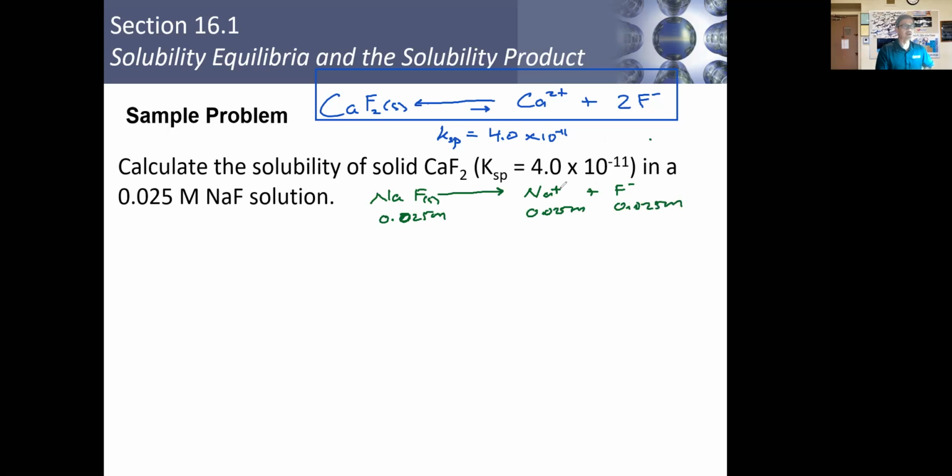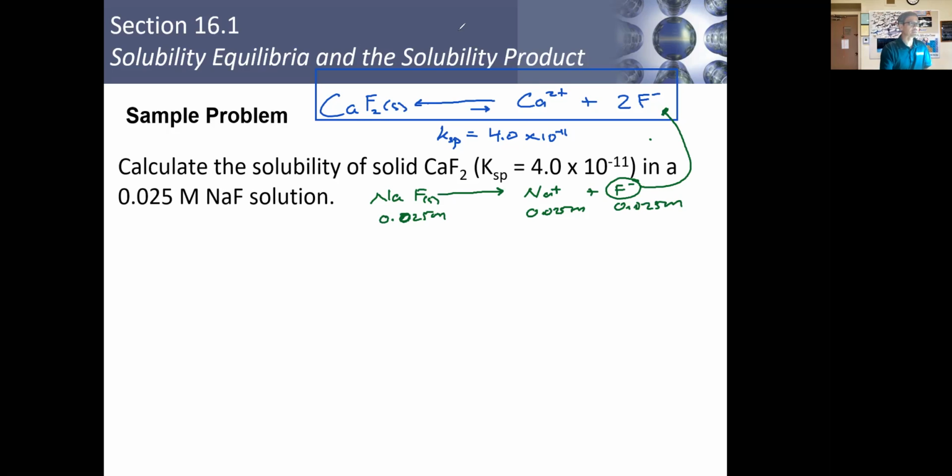If you notice, sodium is not a common ion, so it's not going to affect the equilibrium at all. However, adding the fluoride into that mixture should shift the equilibrium further back towards the left, which means we should have a less soluble solution. Let's find what the concentrations would be at equilibrium with this extra added sodium fluoride.